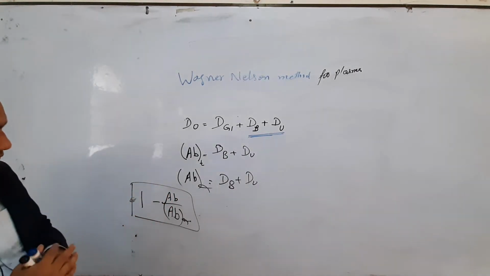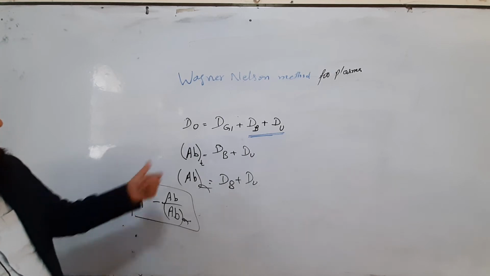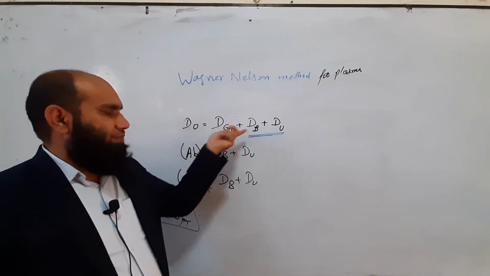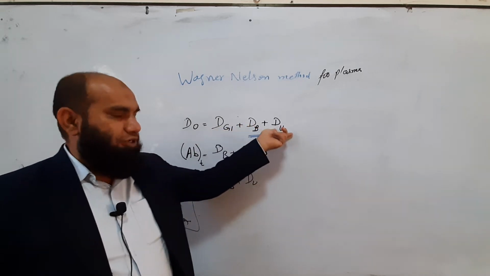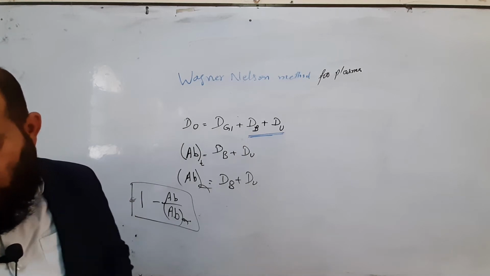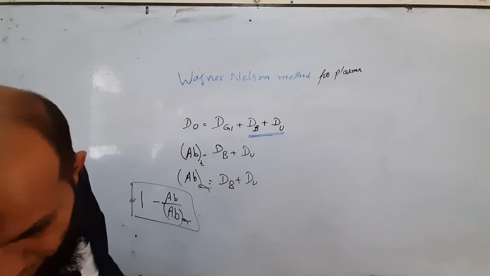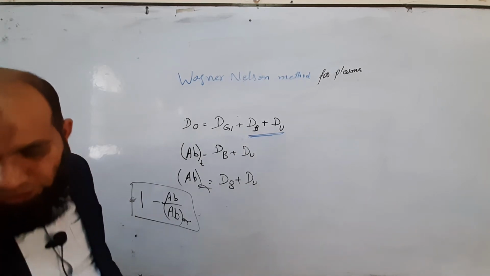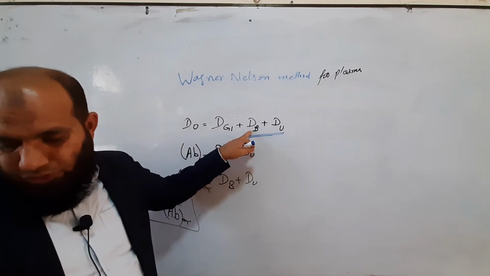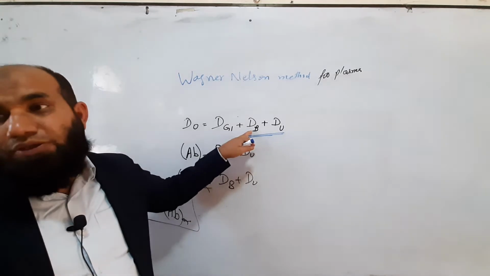Now we will take another way. For example, the total dose is equal to the drug present in the GI tract plus the drug present in blood plus the drug present in the urine. When we write the values of the drug present in blood and in the urine, we can write this. For example, the drug present in blood will be equal to C_p V_d.